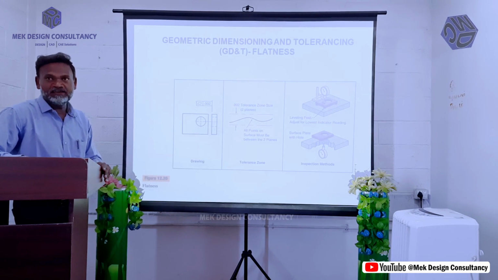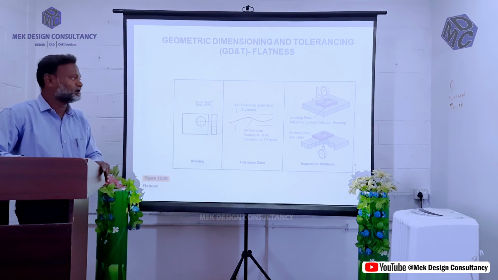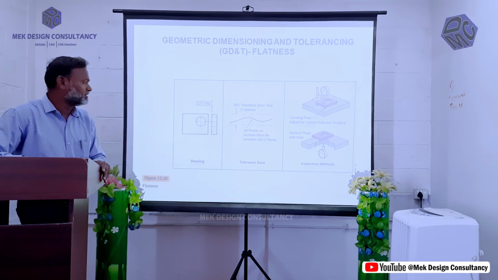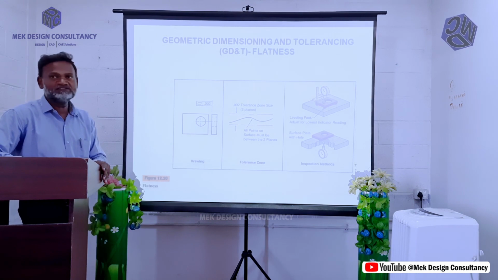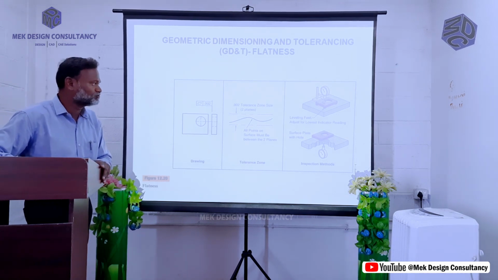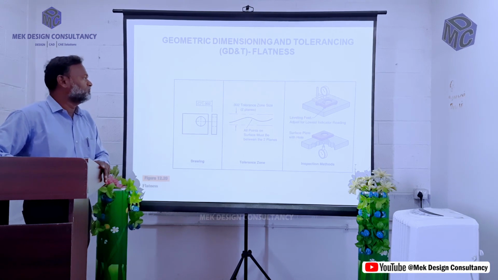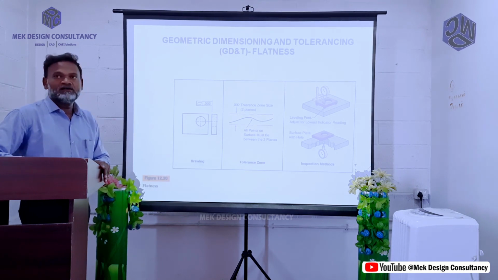So as an R&D engineer, one should specify the drawing like this and release it to the production department and quality control department. So in production, how are they going to manufacture? As per the dimension and with respect to the tolerance they are going to manufacture, and the tolerance zone should be specified within the limits, like the 0.002 tolerance zone.